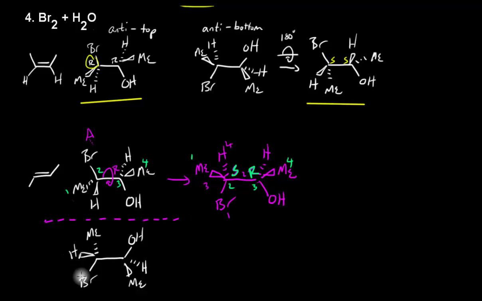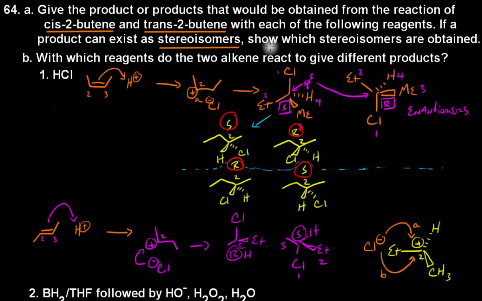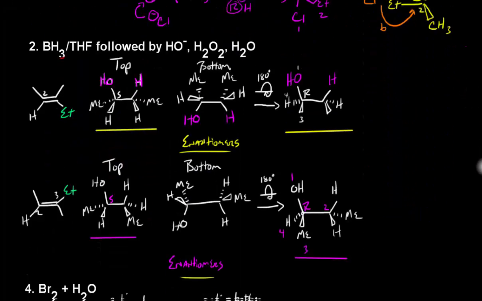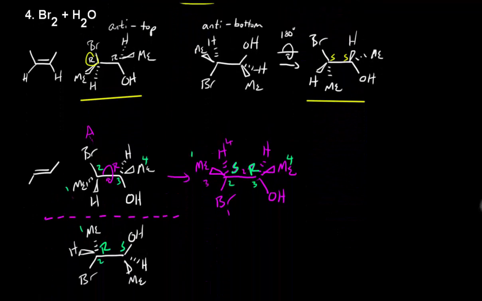So that must mean that carbon 2, for the second possibility must be the enantiomer. So this is R, and this must be S. Okay, so we're still getting enantiomers for the trans 2-butene, but this is the first example where, you know, that second bit, with which reagents do the two alkenes react to give different products. This is the first scenario where we have two different products being formed.